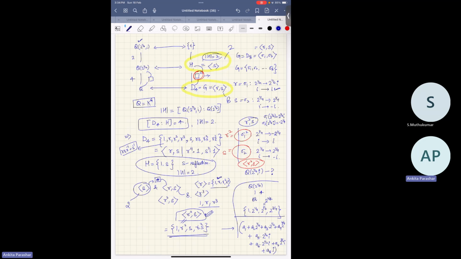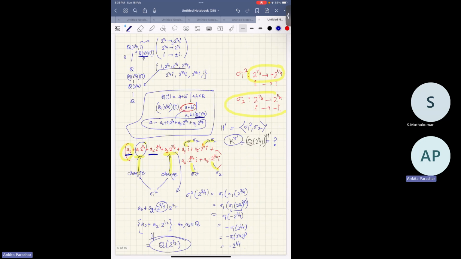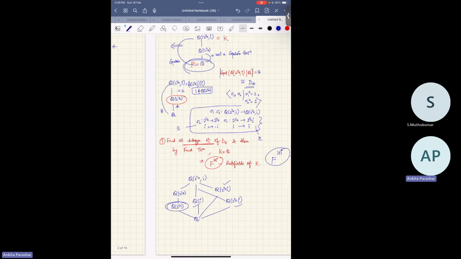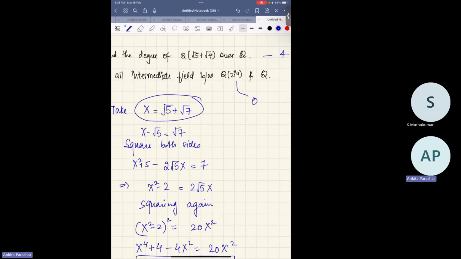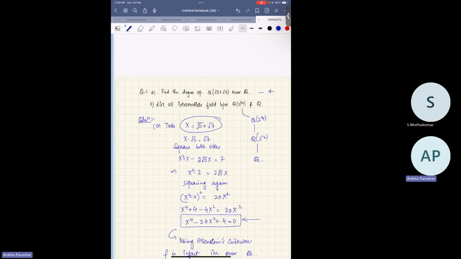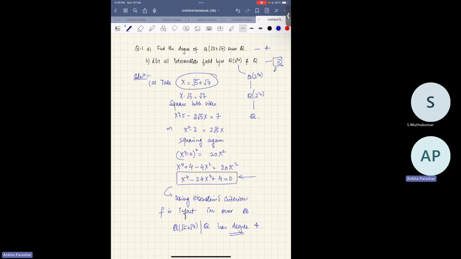There is only one order 4 subgroup, so there is only one subfield between, and that is nothing but Q(2 power 1/2). So the only field between this and this is Q(2 power 1/4), Q(2 power 1/2), and then Q. So in total there are 3 intermediate fields.